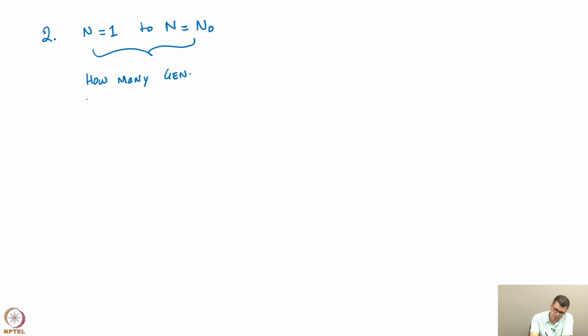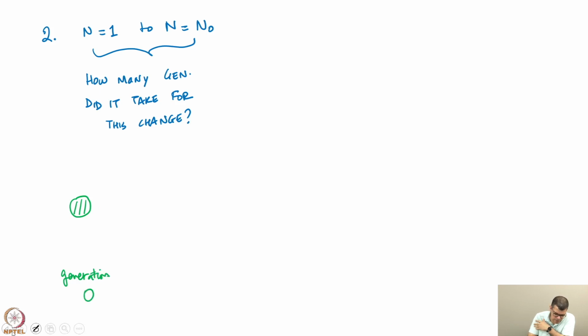How many generations did it take for this change to take place? To answer this question, we should look at it in the following way: we start with one individual, and let us call this generation 0, at t equal to 0.